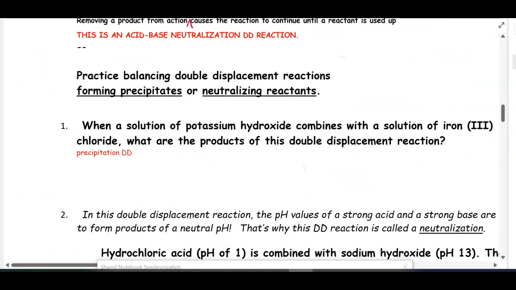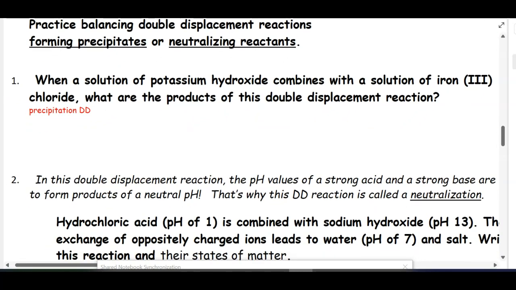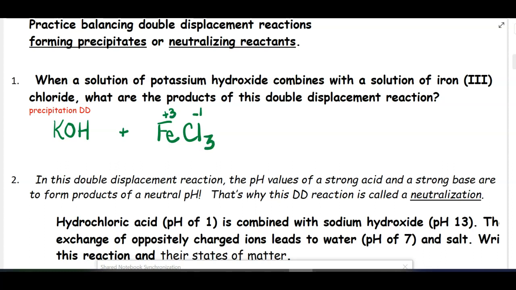All right, now balancing double displacement reactions. When a solution of potassium hydroxide, see how we're translating from English into chemistry, combines with a solution of iron 3 chloride, FeCl, iron 3 means this is plus 3, chlorine is negative 1, so we must have FeCl3.